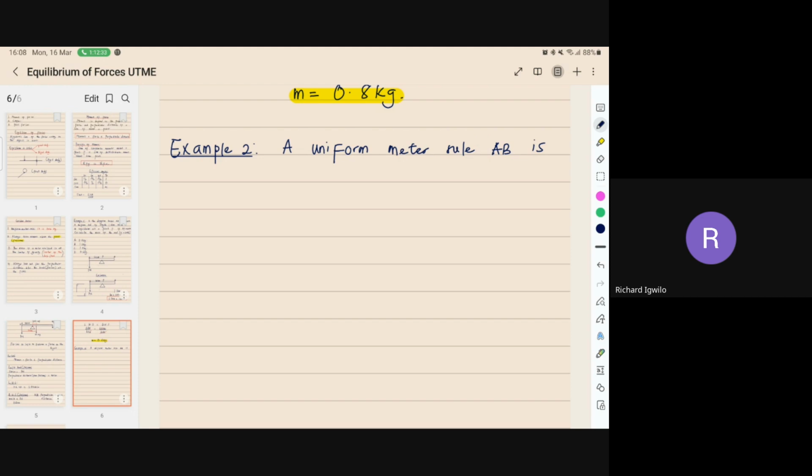Since we've done something about mass before, is it ideal? Okay. This one we're going to draw ourselves, right? That's the difference. They didn't give us a diagram. We have to draw the diagram ourselves.